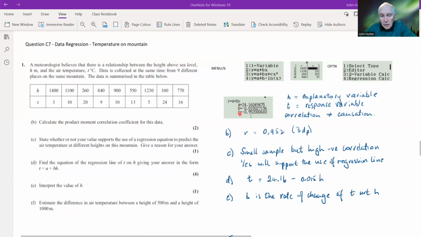set of values here. Just as a reminder, this H is what's called the explanatory variable, and the T is the response variable. The terminology is carefully chosen so as not to imply that one causes the other. In fact, correlation is not equal to causation.